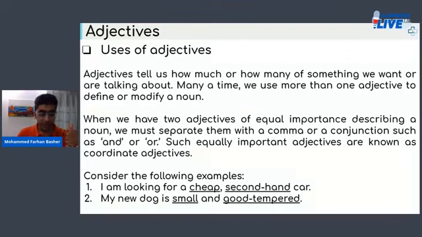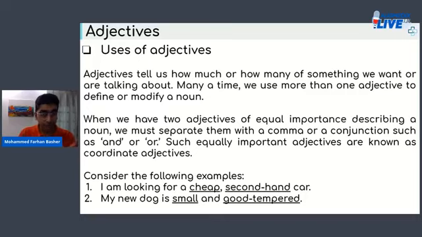Now the word cheap and the word second-hand both are defining the noun car. You want to buy a cheap car, and you want the car to be second-hand as well. You don't want to buy a cheap first-hand car, or an expensive second-hand car. You want to buy a cheap, second-hand car. Both these adjectives are defining the noun car.